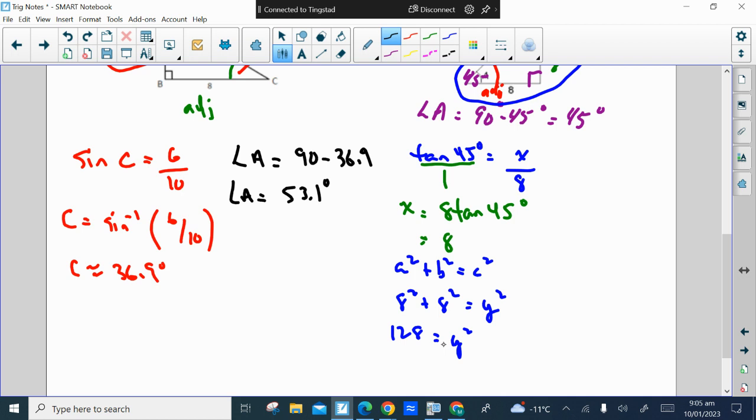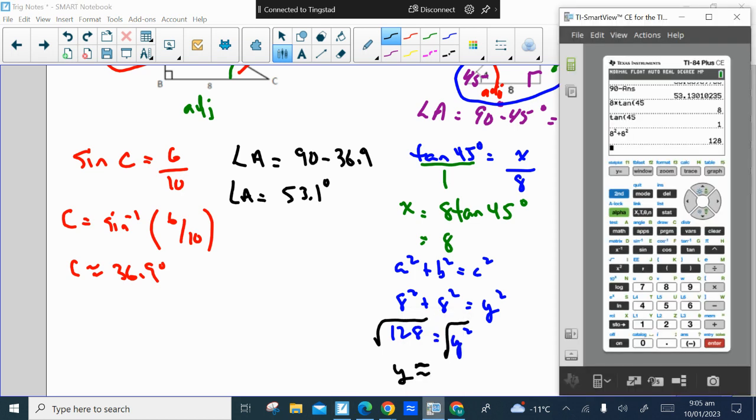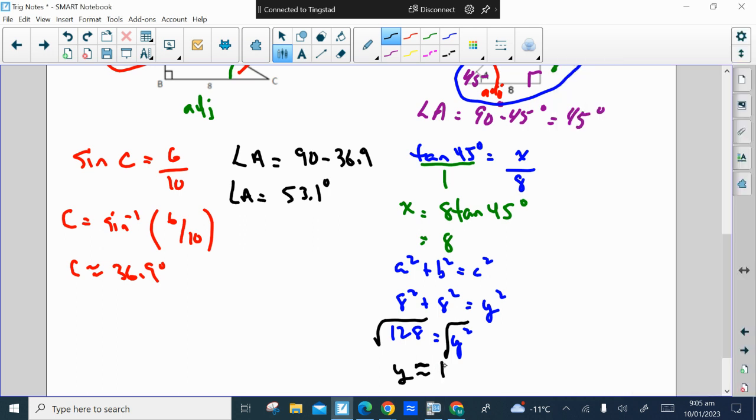And then to find out what y is, we take the square root of both sides. So it's the square root of 128, approximately 11.3. Okay?